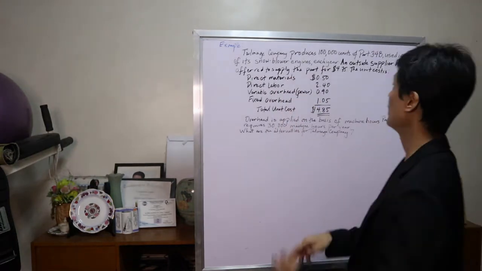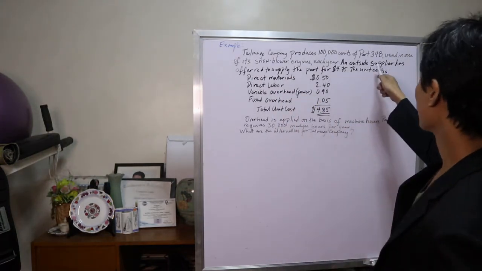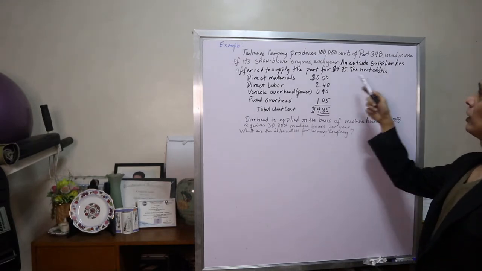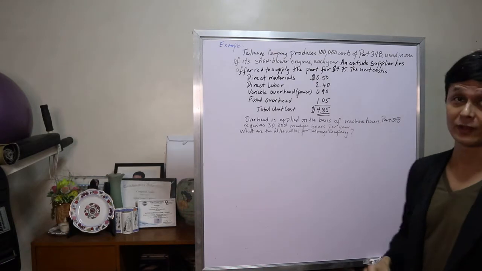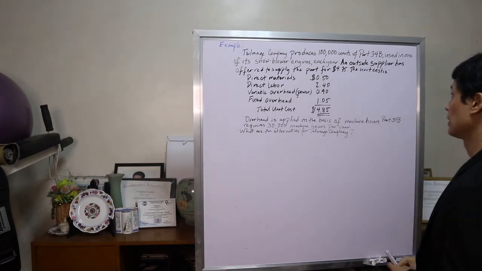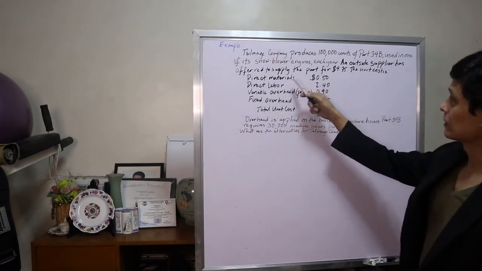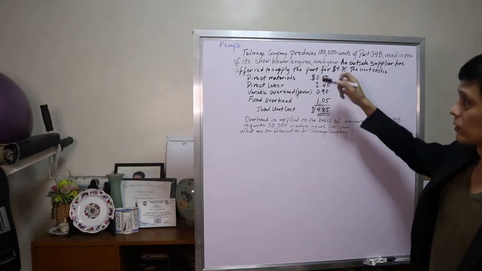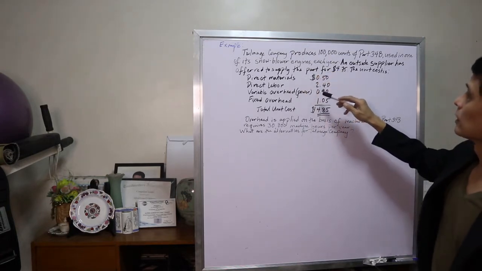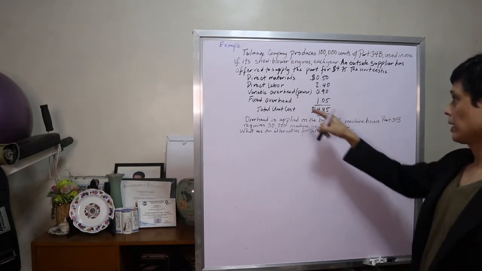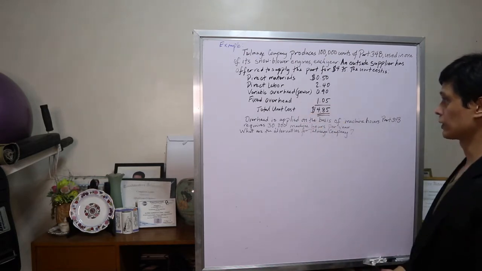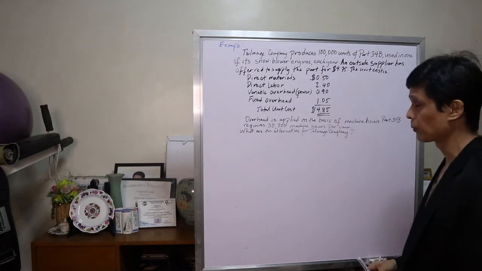Each year an outside supplier has offered to supply the part for $4.75. The unit cost is as follows. So, meron direct materials, direct labor, variable overhead, and yung fixed overhead. So, for a total unit cost of 4.85.